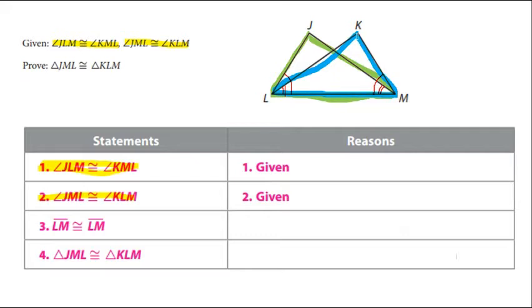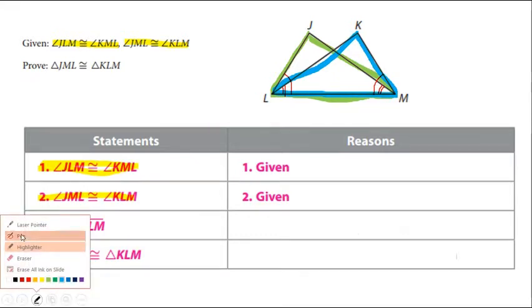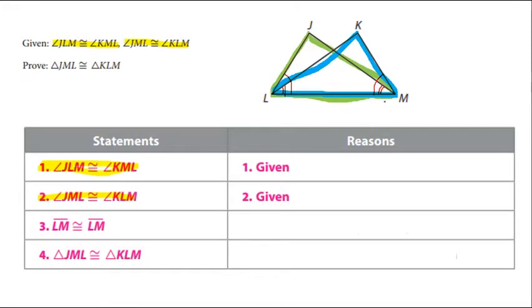So I have my two triangles there. And if you notice, they both share a side LM. And that's why I put on step 3, LM congruent to LM. So I'm just going to put a mark right there. And again, remember, when the side is equal to itself, we say that's a reflexive property.